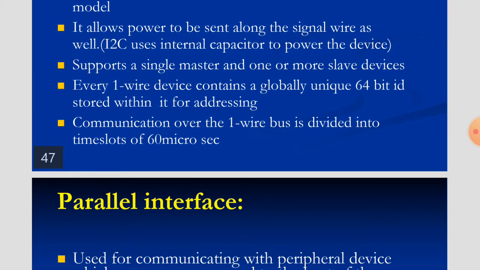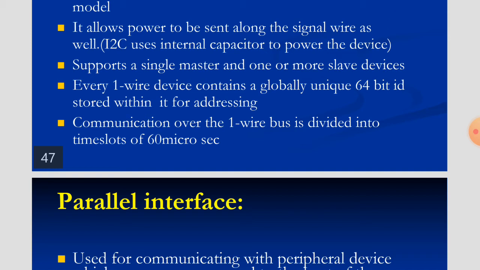It supports a single master and one or more slave devices. Here you can connect more than one slave device, and a single device acts as the master to control all the operations of the slaves. Every one wire device contains a globally unique 64-bit ID stored within it for addressing.